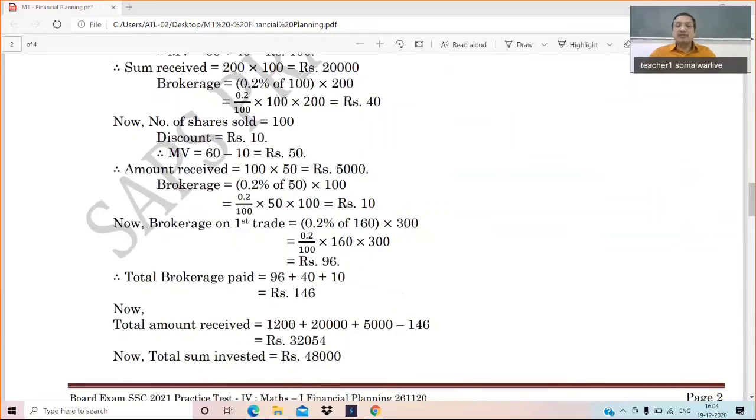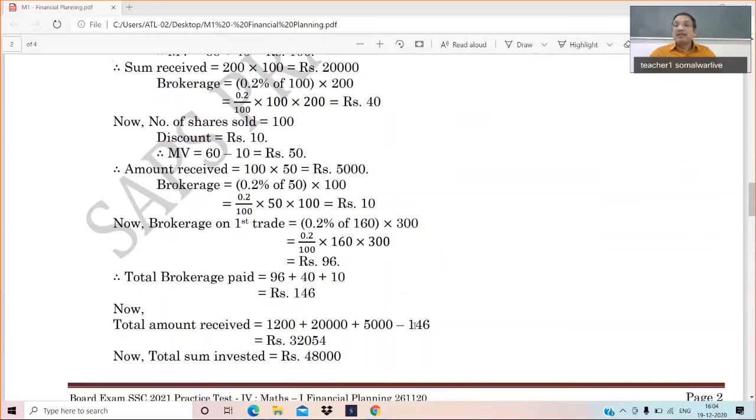Total amount received. How much amount did he receive? So he received first 7,200 as dividend, 20,000 by selling 200 shares, 5,000 while selling the remaining 100 shares, but he has paid rupees 146 as brokerage all the time, all three times.